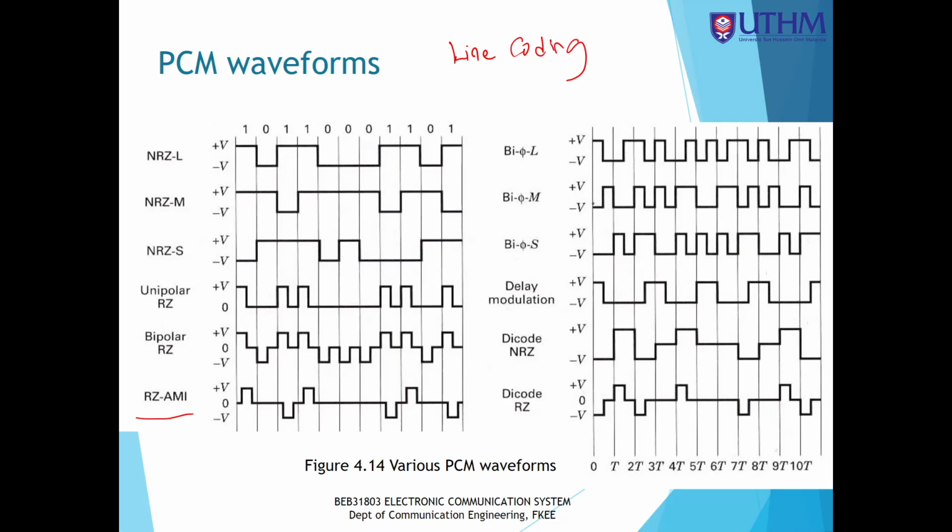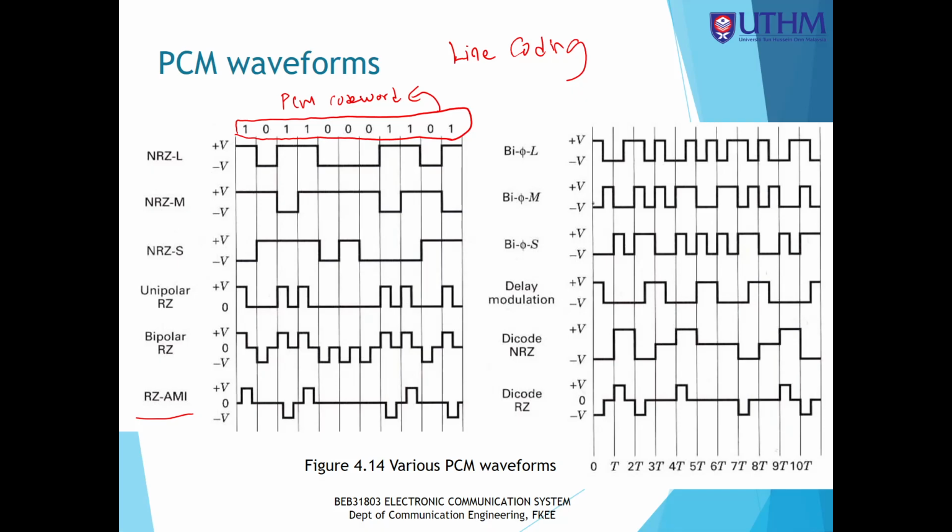So you see that here we have the input. The above part here is the input. So this is what we call the PCM code word. The PCM code word here is 101100001101.